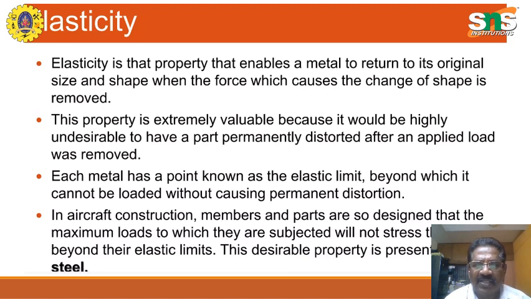Each metal has a point known as the elastic limit, beyond which it cannot be loaded without causing a permanent distortion. In aircraft construction, members and parts are designed so that the maximum load to which they are subjected will not stress the member beyond its elastic limit. The desirable property is generally found in steel.